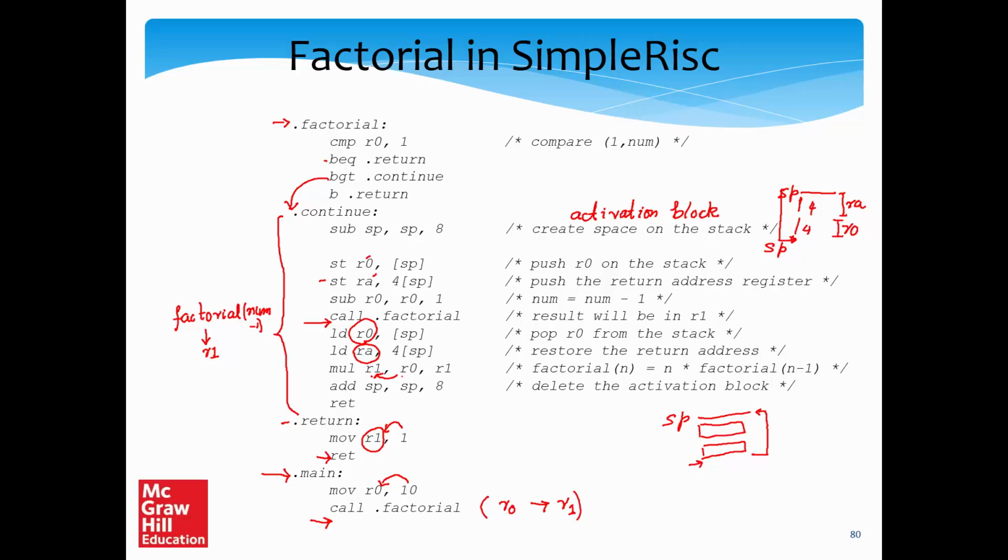The reason being that it calls many copies of itself. Each of them save the result in R1. Finally, in this line over here, we multiply n times factorial n minus 1 and save it in R1. Lastly, it is very important to delete the activation block, which is being done in this line.